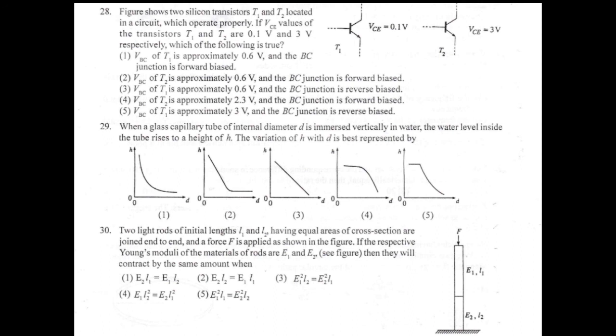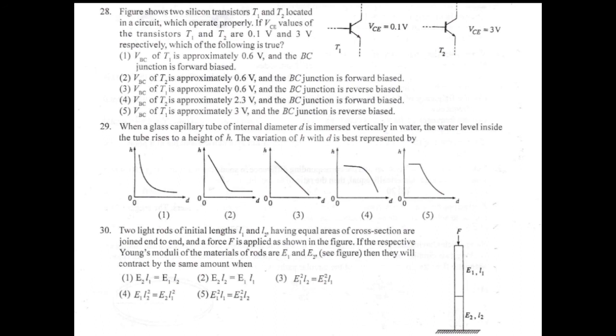So, looking at the equation, F is common, A is common, and they say that they contract by the same amount, e is common.